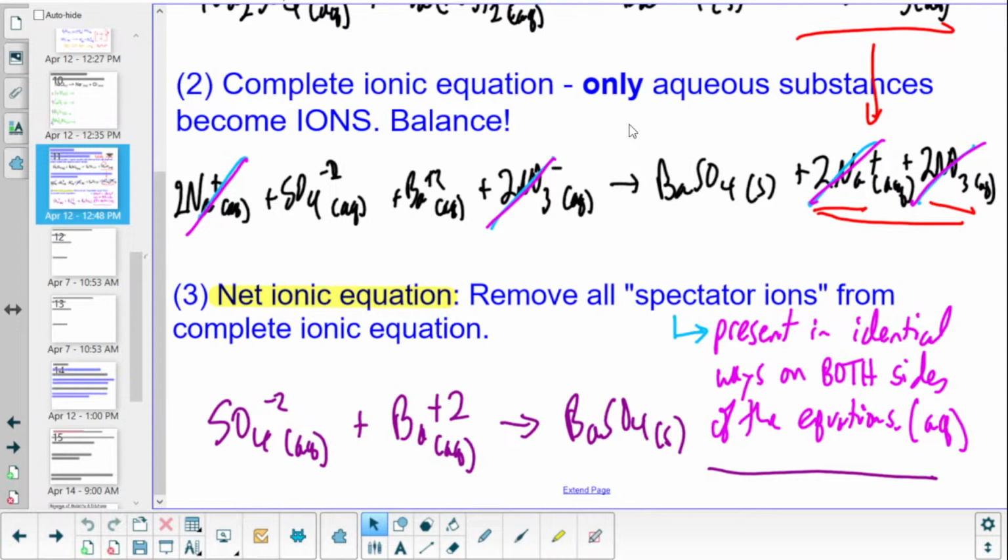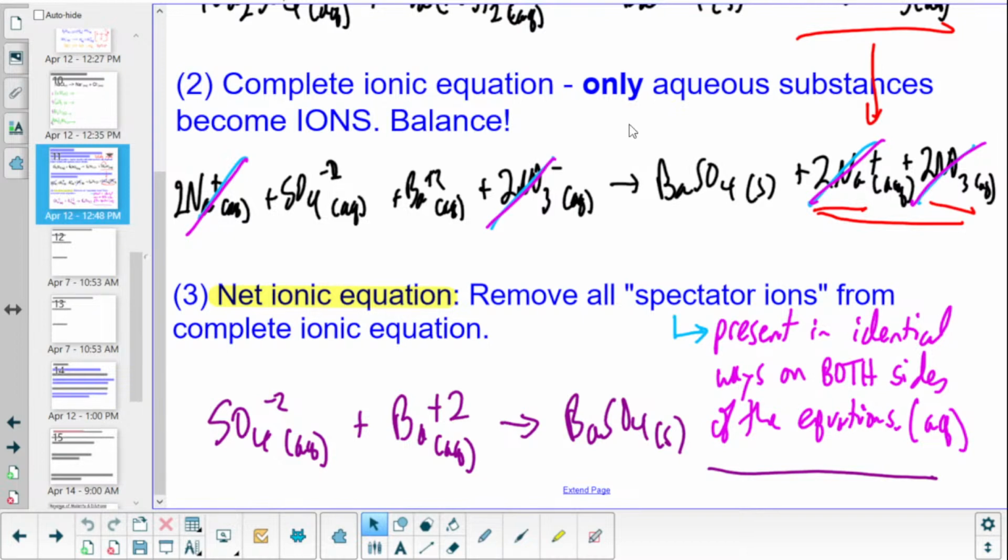What things would have charges? Ions. Right. So AgCl doesn't because the positive and negative cancel out. But in your complete ionic equation, they should all have charges except for the solid.